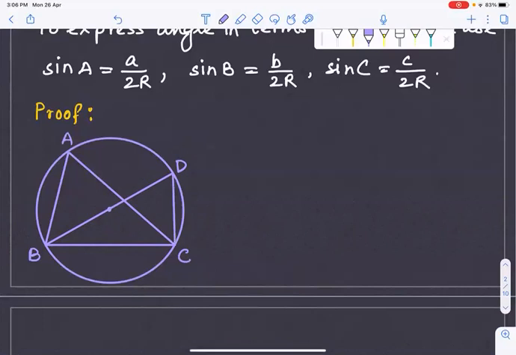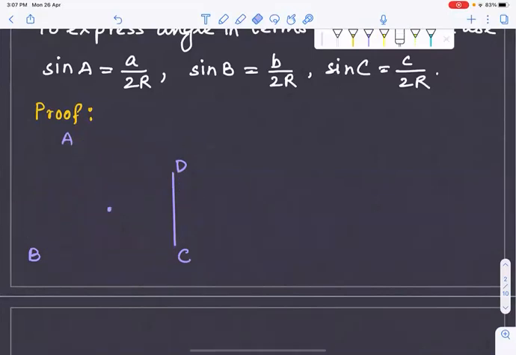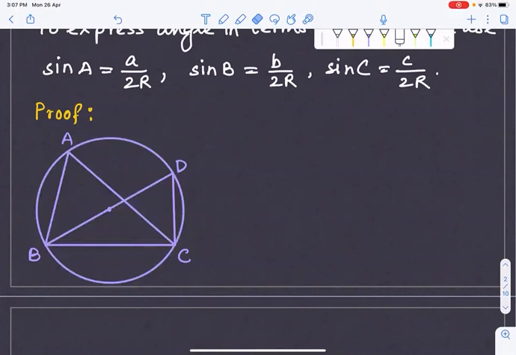Now what we can see is that this angle A and this angle D are angles on the same circumference, the same part of the circle.